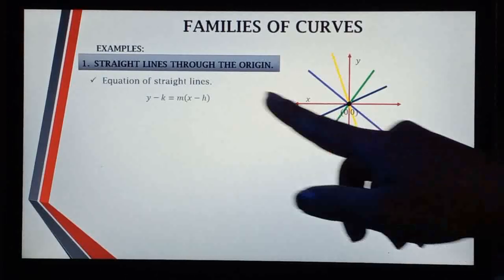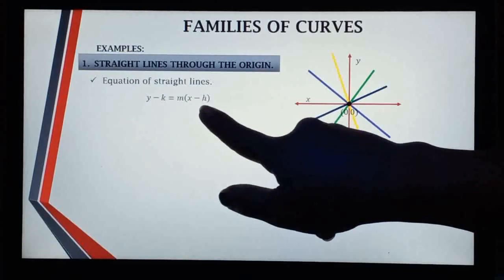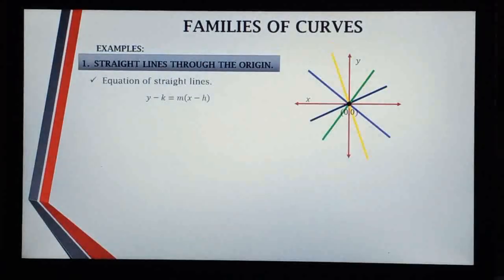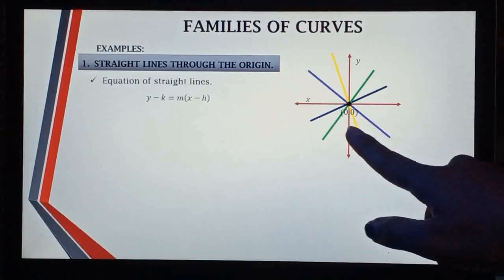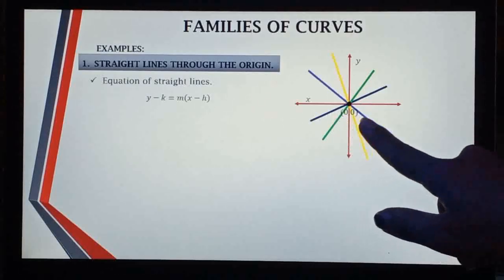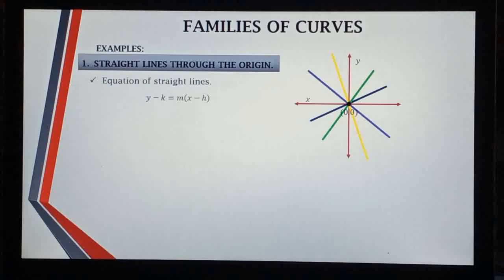So, dito manggagaling yung working equation natin wherein yung h and k is a point na dadaanan nung lines na tinutukoy dun sa example. So, identified na ang dadaanan nila or lahat ng lines ay may dadaanan na 0, 0. So meaning to say the values of h and k is equal to 0.